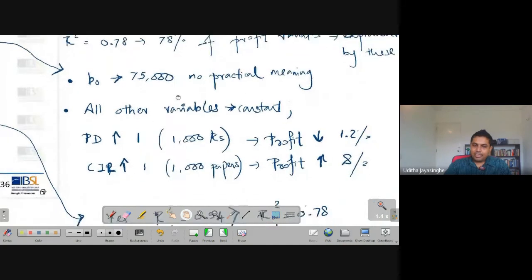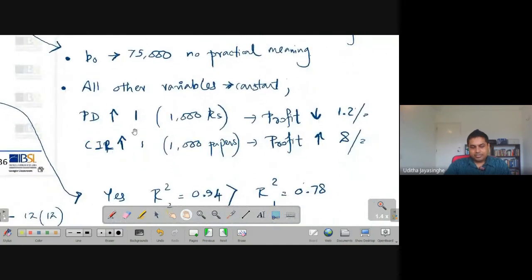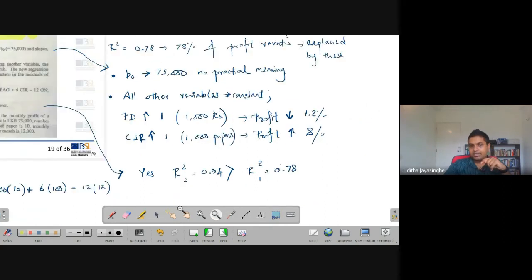So how do you define it now? This is something that we are discussing for the first time. Defining PD. See, all other variables remain constant. It's very important to write this. All other variables remain constant. You increase PD by 1, that means 1000 rupees. That's why I asked you to highlight this. You increase PD by 1, meaning 1000 rupees, and your profit is going to decline by 1.2 rupees, not thousands, not anything.